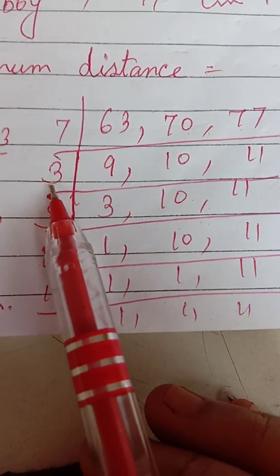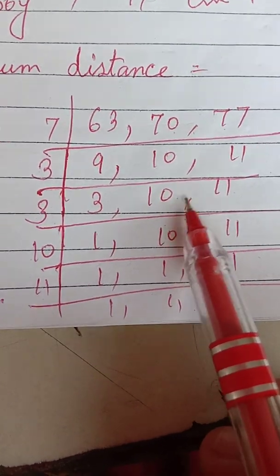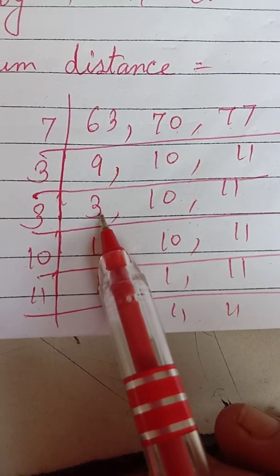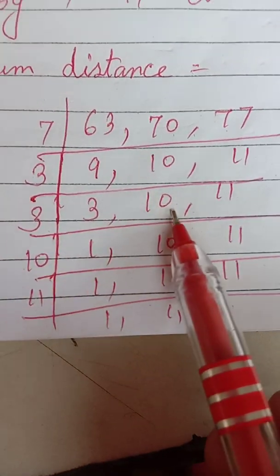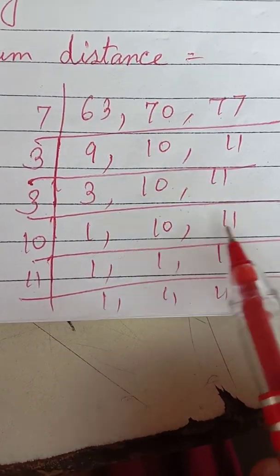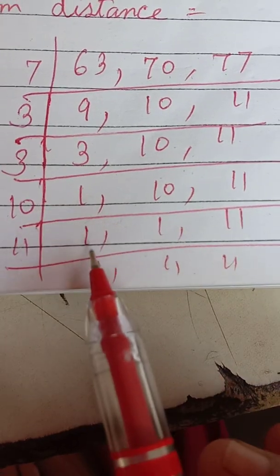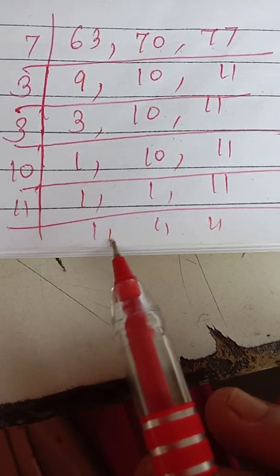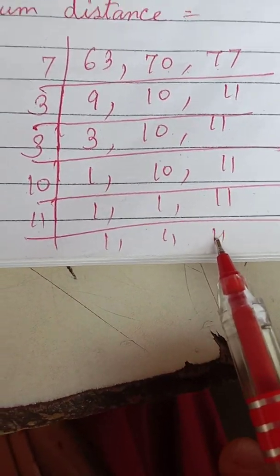Now apply 3, 3 3s are 9, 10 as it is, 11 as it is. Again apply 3, 3 1s are 3, 10 as it is, 11 as it is. Apply 10, 10 1s are 10, 11 as it is. Then apply 11, all the digits are 1.